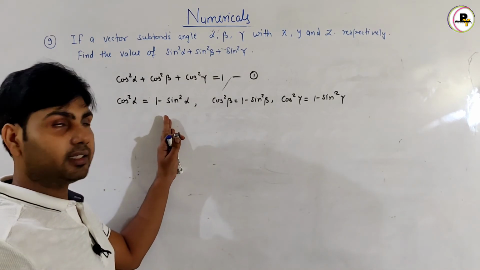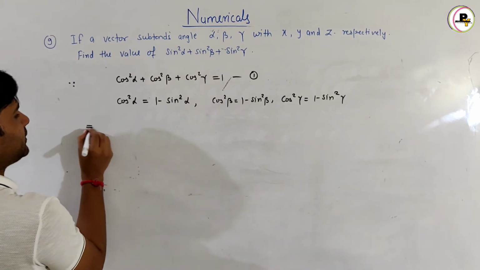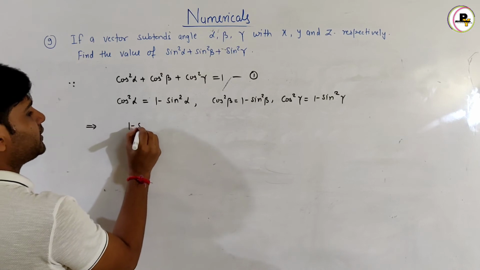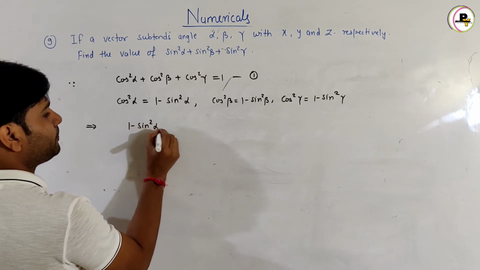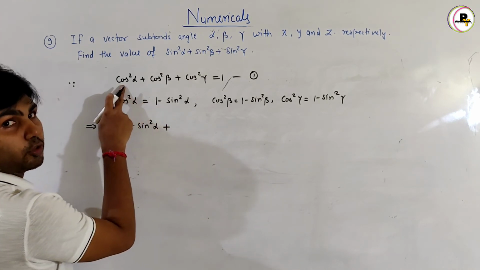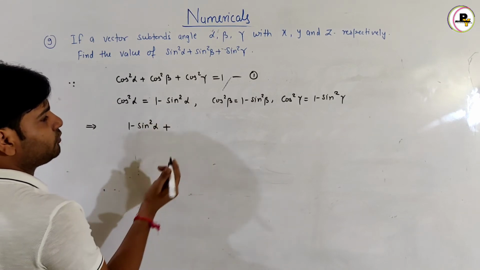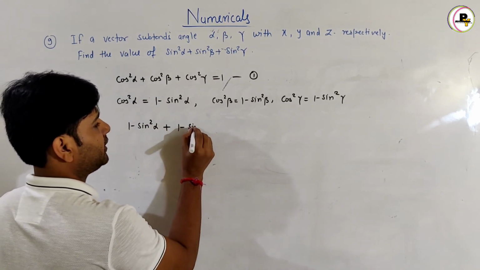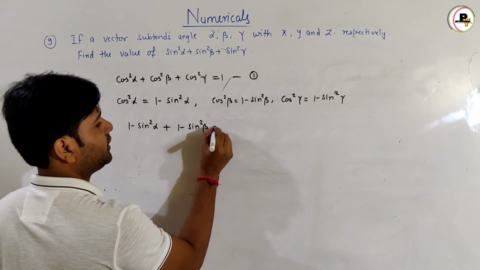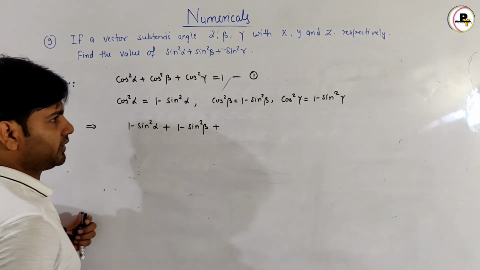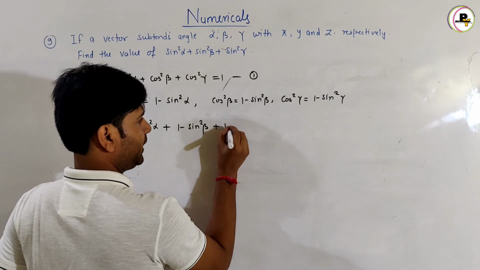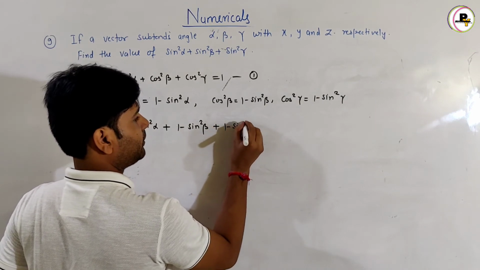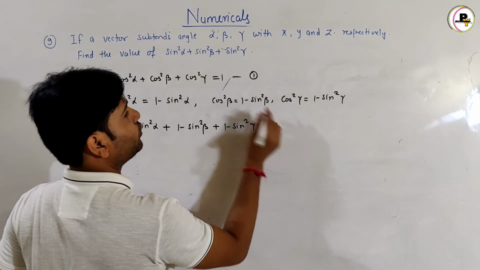Using this identity in equation number 1, we can write, in place of cos square alpha, 1 minus sine square alpha, plus, in place of cos square beta, 1 minus sine square beta, plus, in place of cos square gamma, 1 minus sine square gamma, and this is equal to 1.